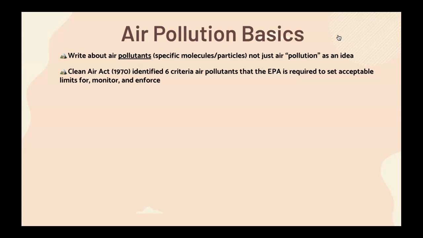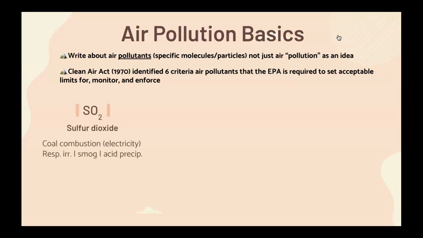So one of the things to keep in mind is that in 1970, the Clean Air Act was passed, and it identified 6 criteria air pollutants that the EPA required to set acceptable limits for, to monitor these pollutants, and then to enforce whether these pollutants were being released into the atmosphere.